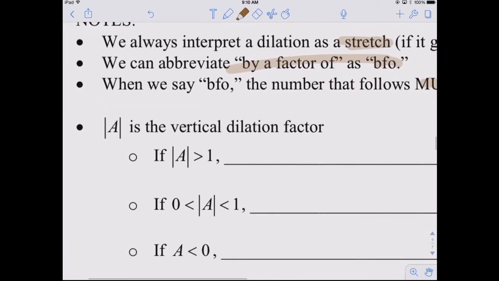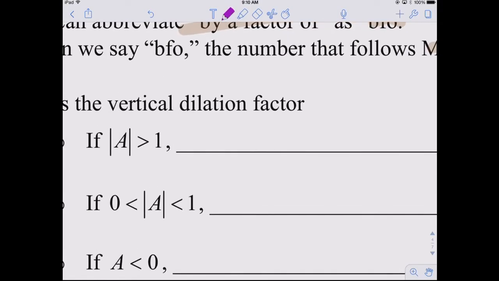All right, so let's go ahead and say it. The absolute value of A. Now, why do I say the absolute value of A? A could be negative. So if I just look at the magnitude of A, that's going to be your vertical dilation factor. And if its magnitude is greater than 1, that's going to be a vertical stretch or compression? Let's just call it 3 halves.